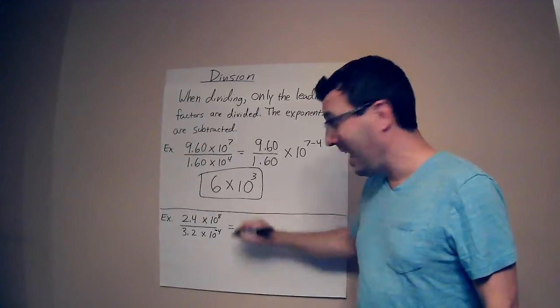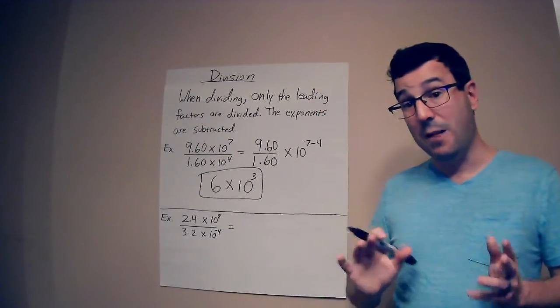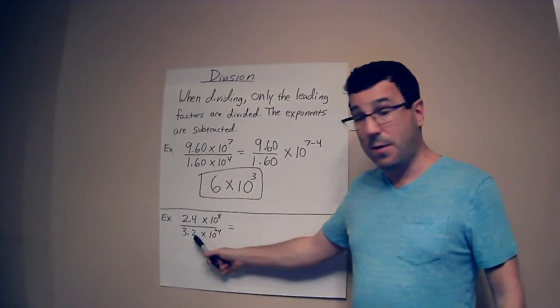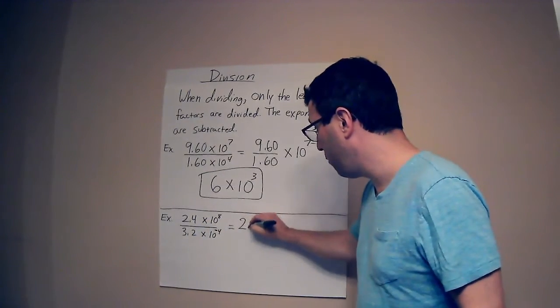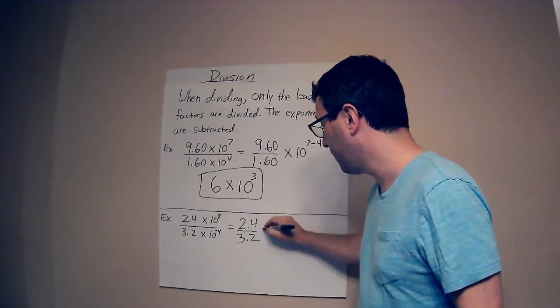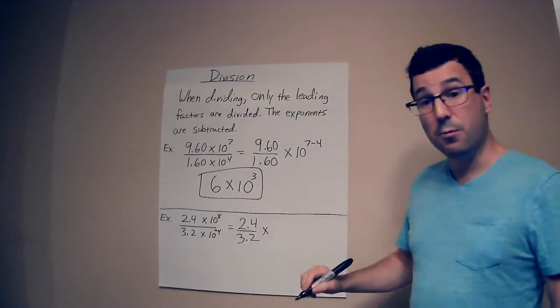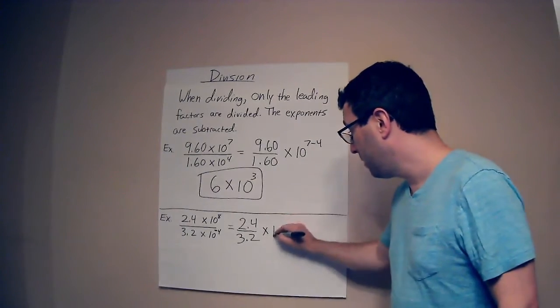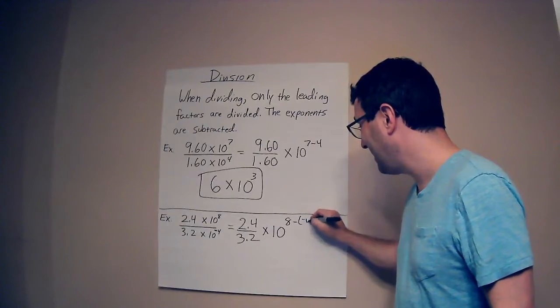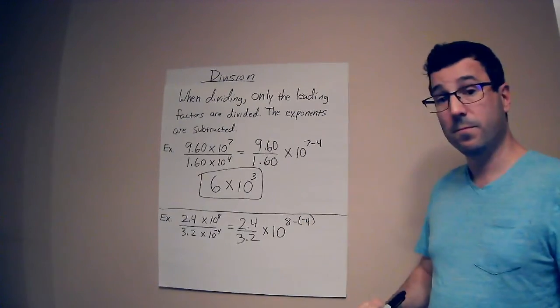Again, I'm going to take the same steps I've been doing. I'm going to divide the top by the bottom, so 2.4 divided by 3.2, and I'm going to subtract the exponents. So 10 to the 8 minus negative 4.